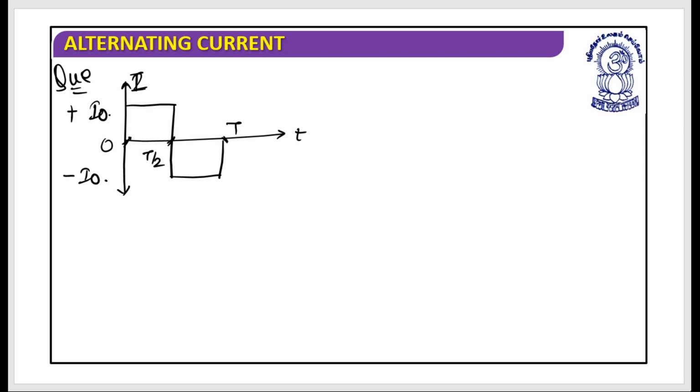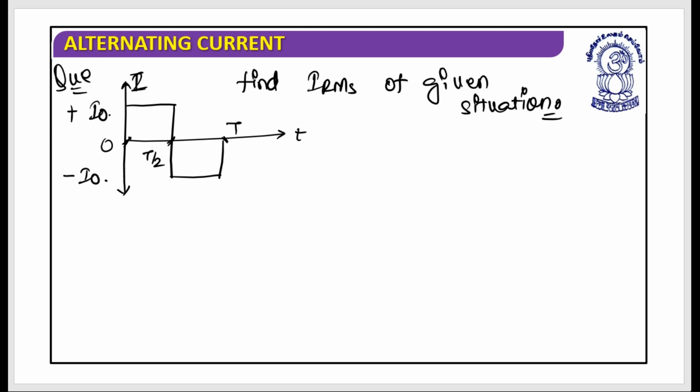The question is to find the IRMS of the given situation. How will you do this? To find the IRMS, first I need to square it. So let's square it: it's I naught square plus I naught square.